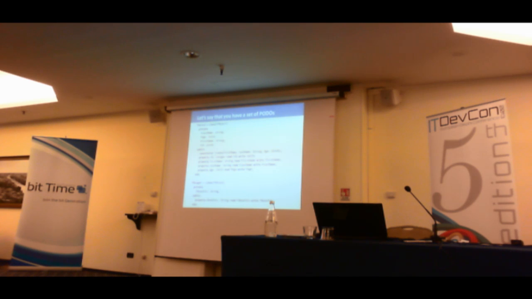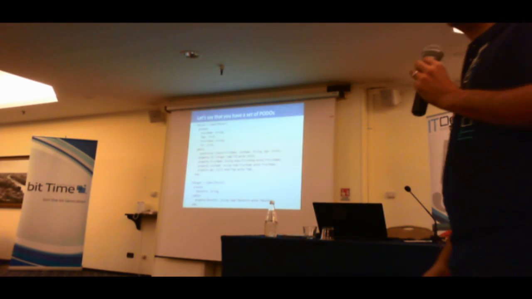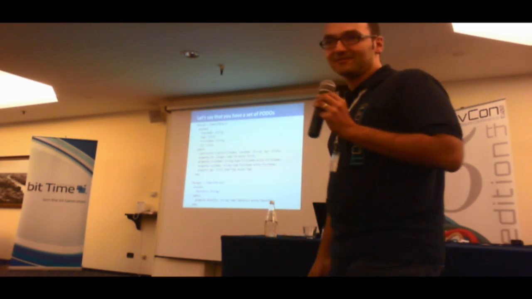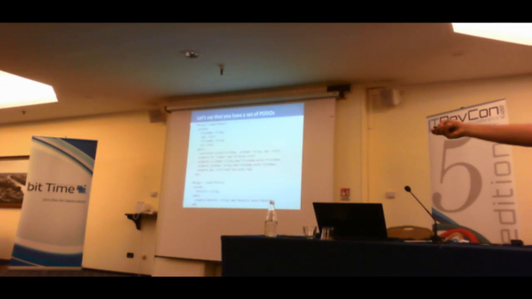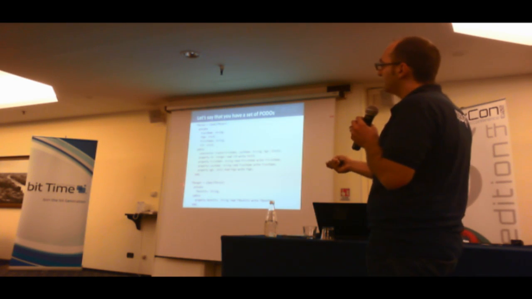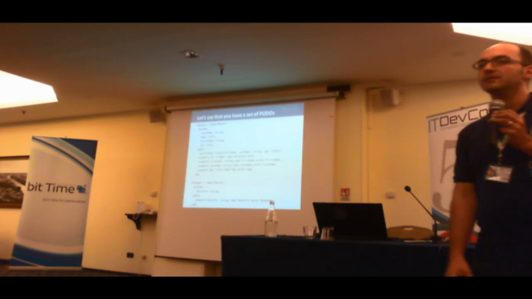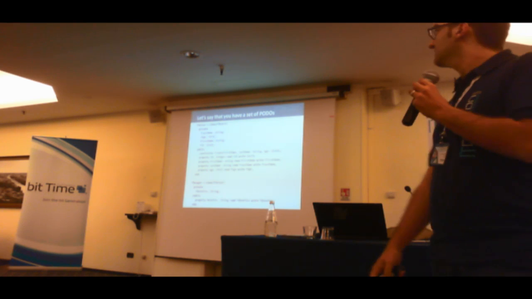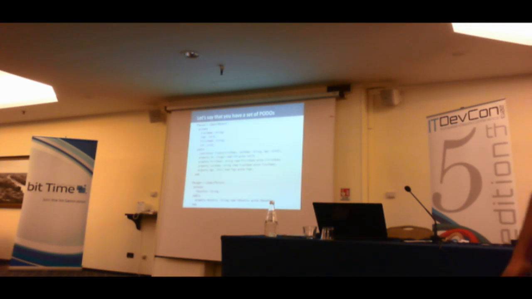So let's say that you have a set of PODO. PODO stands for plain old Delphi object. TPerson inherits from TObject and has some properties and so on. And TManager derives from TPerson with some other properties.